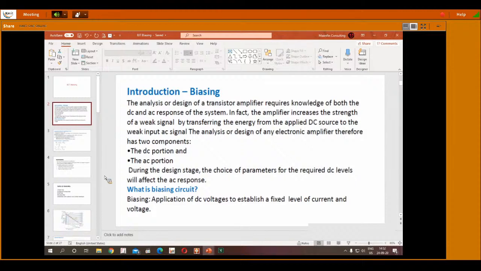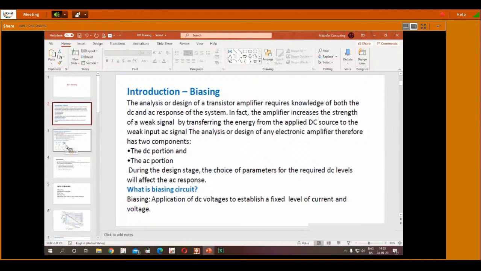If it doesn't have proper biasing, the output has distortion. So to maintain a proper, faithful output, or faithful amplification, at the output of your amplifier, we require this biasing.